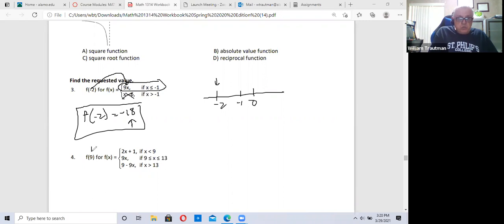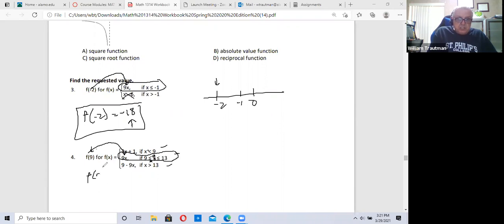Here, which one of these does it fit? 9 is not less than 9. 9 is between 9 and 13, but equal to it. Since it's the equal sign, this is the correct function because we have equals. Then we just put 9 in there, 9 times 9.